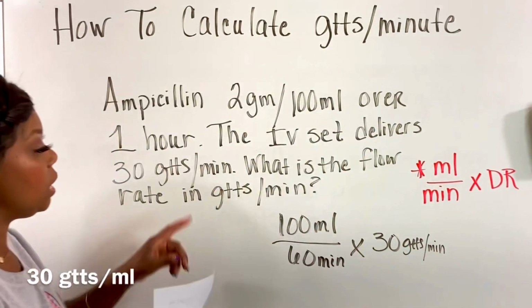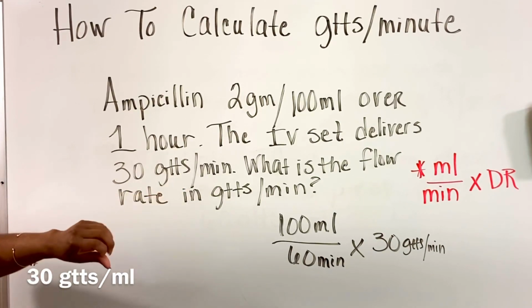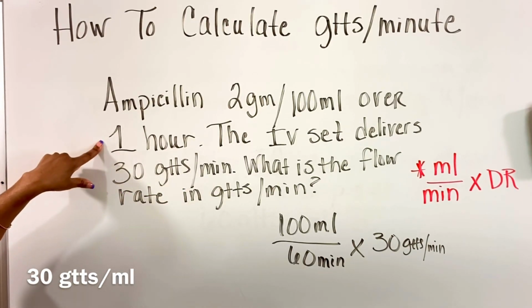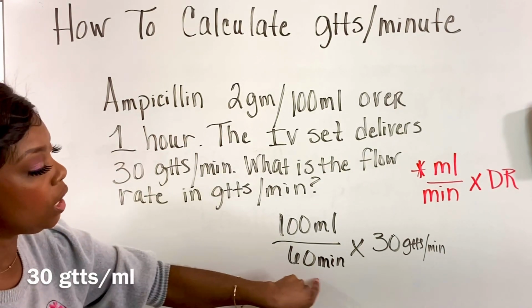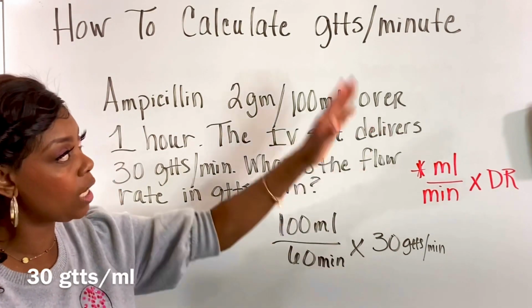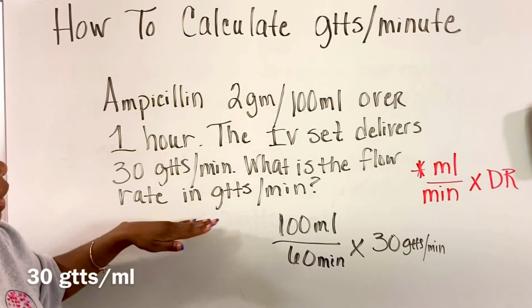Now, this is 30 drops per minute, but what we're trying to get at is how much this patient is going to be receiving over how much? Over 60 minutes, okay? That's how much they're receiving per minute, but we're trying to get to the actual flow rate in drops per minute.